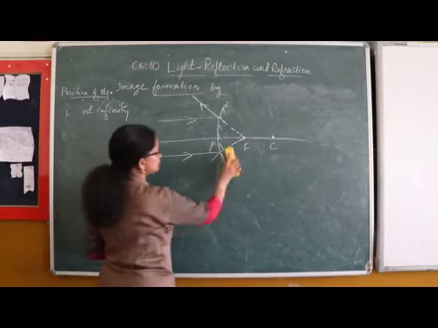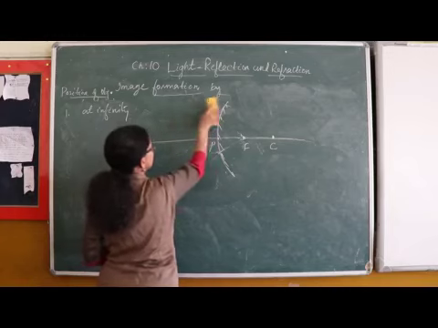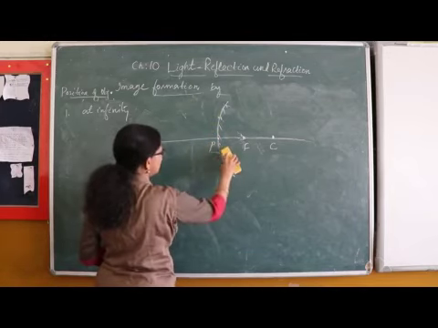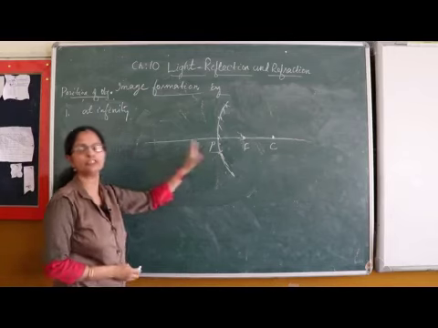Now, the second situation in case of a convex mirror is when the object is kept anywhere between P and infinity, between the pole and infinity.